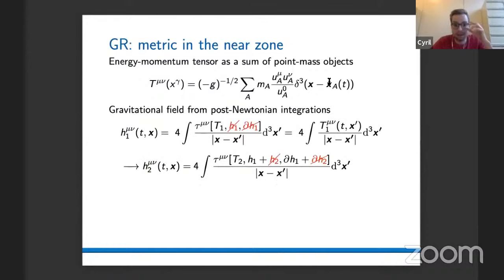To find the instantaneous gravitational field in the near zone, we use what is called the post-Minkowskian approximation. We say that the gravitational field is small, and so we put it in the wave equation, and we solve it with retarded integrals. On the left-hand side, you have the gravitational field at first order.